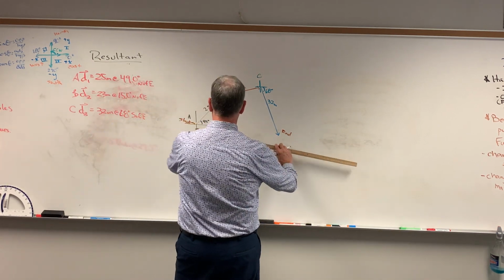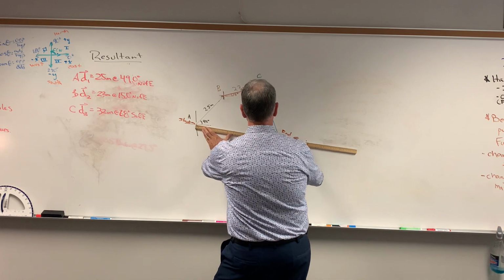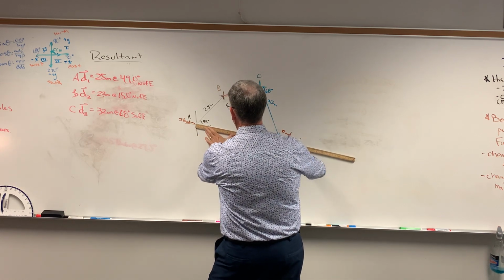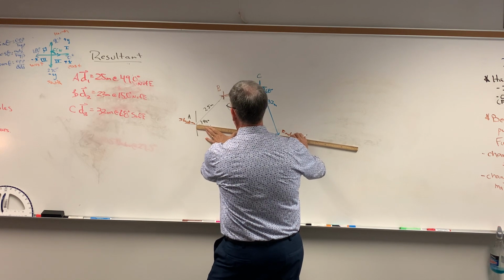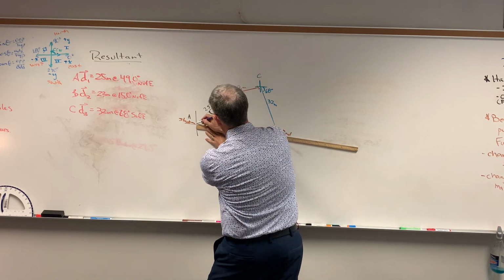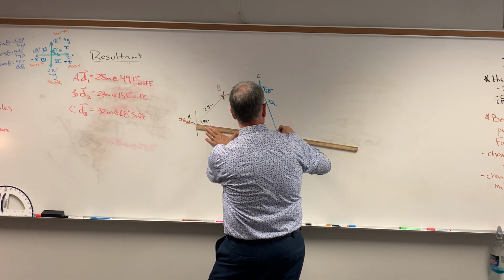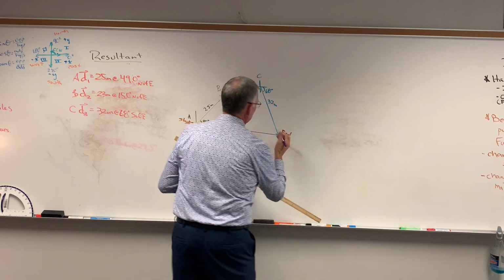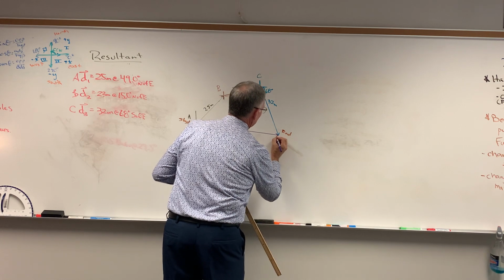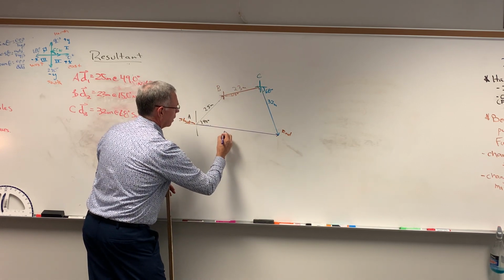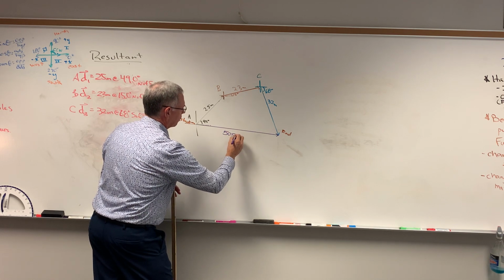Use your ruler and draw a straight line. All right, measure its length. I got 50.5.